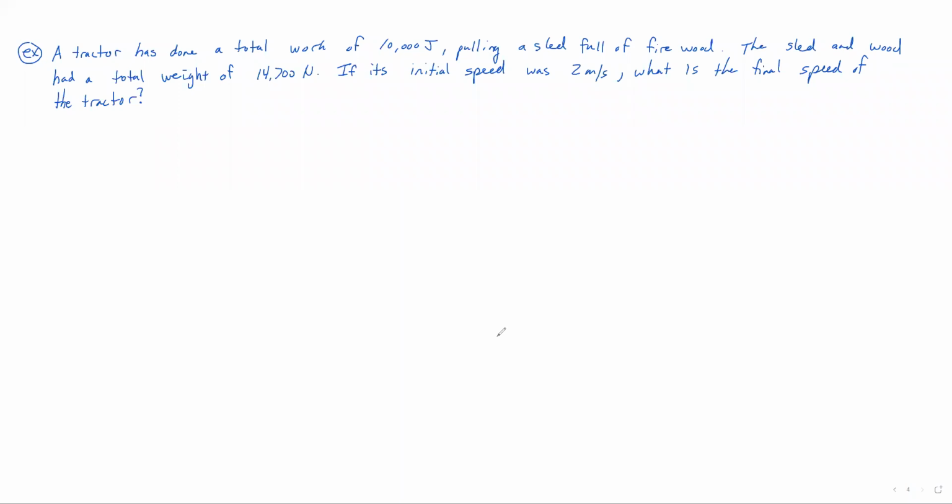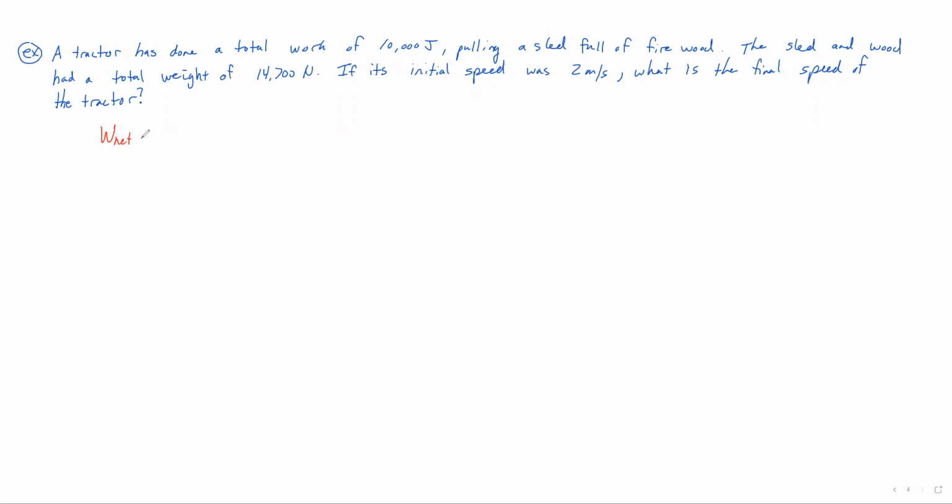So we'll look at the problem of the tractor we did in the previous section on work. That tractor had done a total work of 10,000 joules pulling this sled full of firewood. So we got the net work by combining the work done by all the forces. The sled and wood had a total weight of 14,700 newtons. If its initial speed was 2 meters per second, what is the final speed of the tractor?